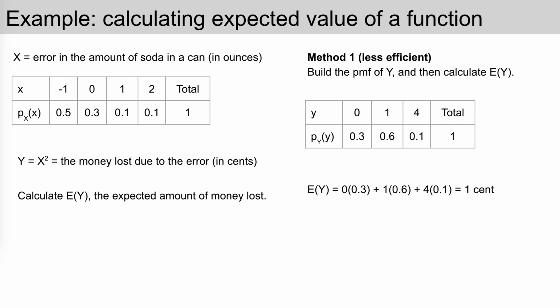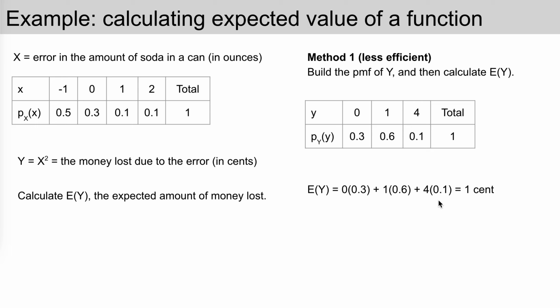With the PMF in place, we can calculate the expected value of y, weighting y equals 0 with probability 0.3, y equals 1 with probability 0.6, and y equals 4 with probability 0.1. By this calculation, the expected money lost on a can of soda is 1 cent.